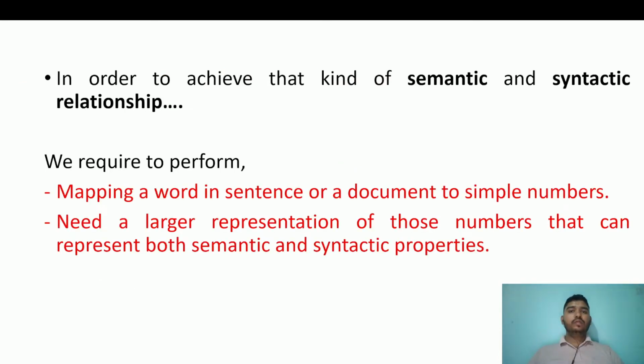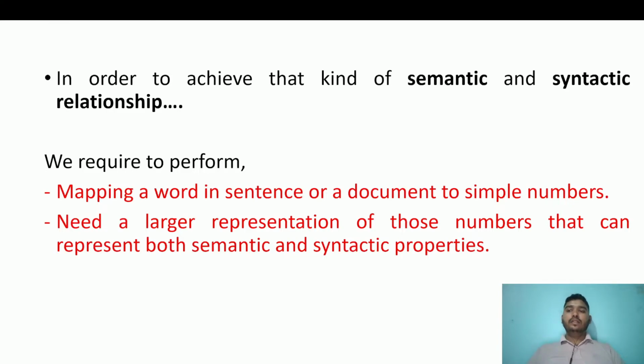In order to achieve that kind of semantic and syntactic relationship, we need to perform these two steps. The first one is mapping a word in a sentence or a document to simple numbers. So basically, we have to map a word in a sentence, or we can say document, and convert it into a simple number, which we can also call a vector.